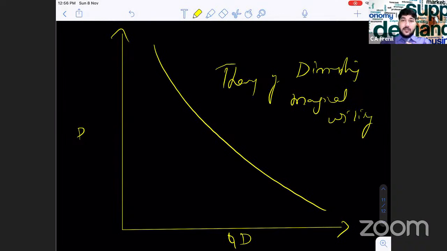This is explained much better later, in unit 2, where we go fully into the theory of marginal utility analysis. We learn it to a much greater extent, but this is one of the reasons, not the only reason, for the demand curve to slope downward to the right. I hope that answers your question.